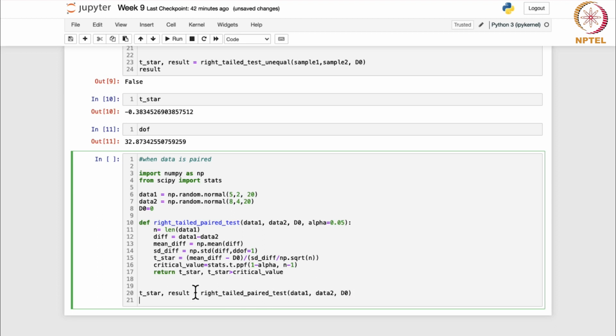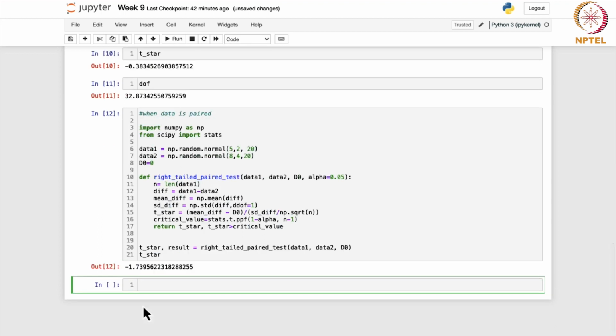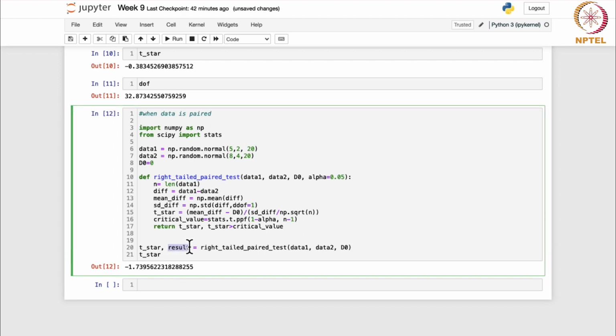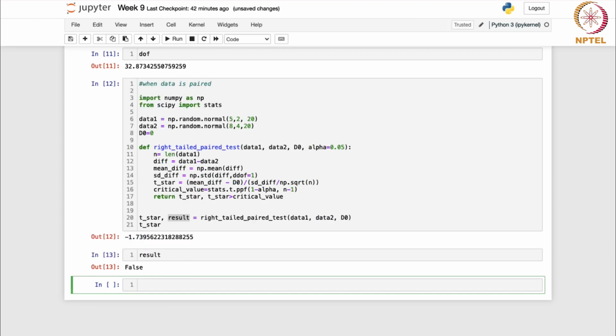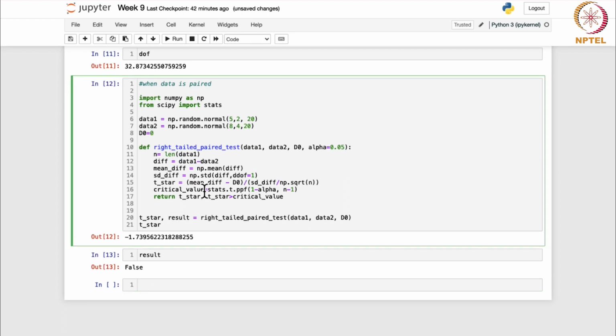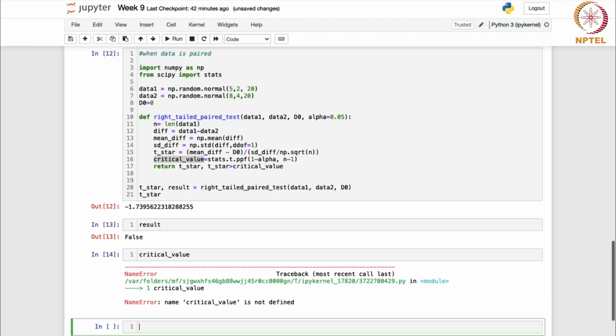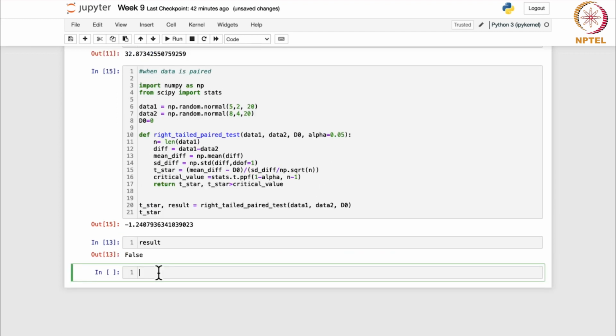Right, so let us print what t star is for us. It is minus 1.73, and your result is basically false in this case. If you want, you can also see the critical value, to which we are comparing. So this is how you can do the hypothesis testing when the data is paired.